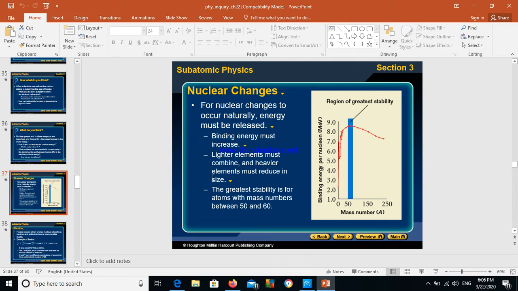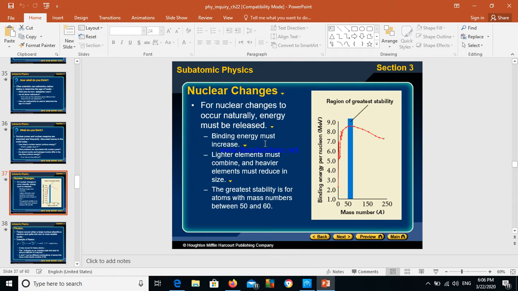First, nuclear change. For nuclear change to occur naturally, energy must be released. Binding energy must increase.